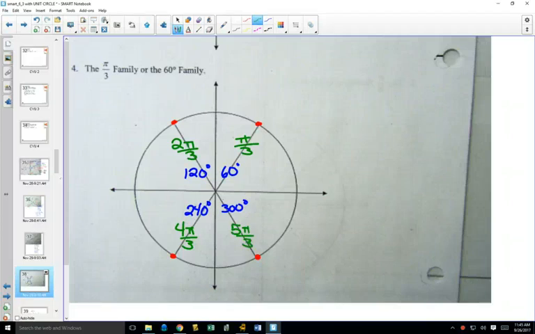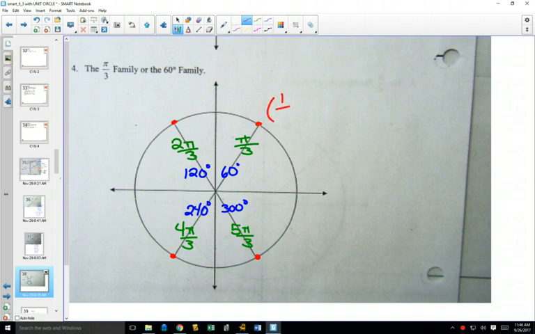How did you do? And then looking at your special triangle, we can label our points.